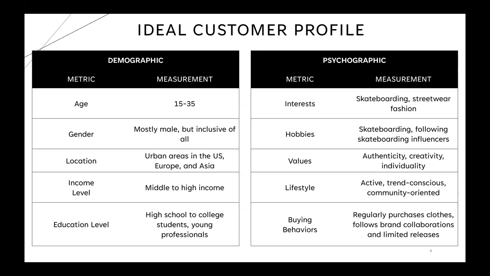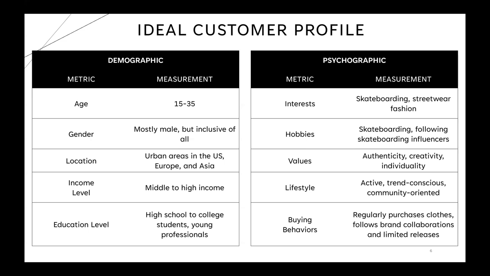Psychographic, their interests are typically skateboarding, streetwear, fashion, hobbies, following skateboarding influencers, skateboarding events such as that. Their values, they value authenticity, which aligns with our brand values, and creativity and individuality, which follows suit with the product we're developing.